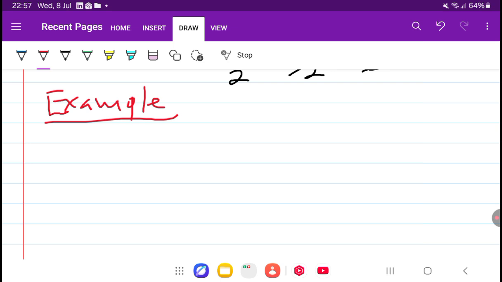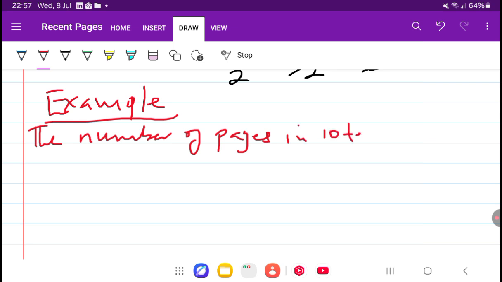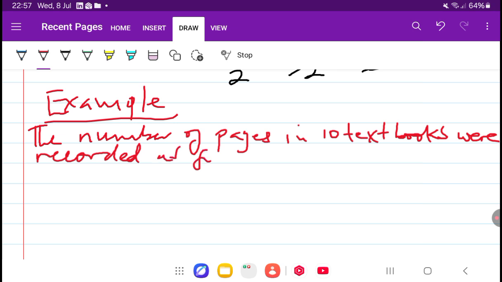Let's say the number of pages in 10 textbooks were recorded as follows.